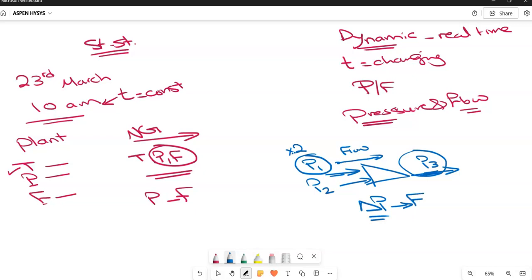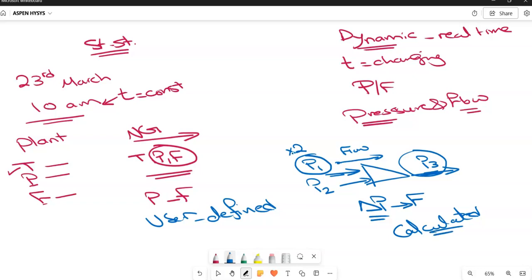This is dynamic. But if the pressure is not changing and the flow is not changing, and I am fixing them and they are user defined, since I have already defined them, that's why they are user defined. The other one should be calculated and changed by Aspen HYSYS by adding a controller.